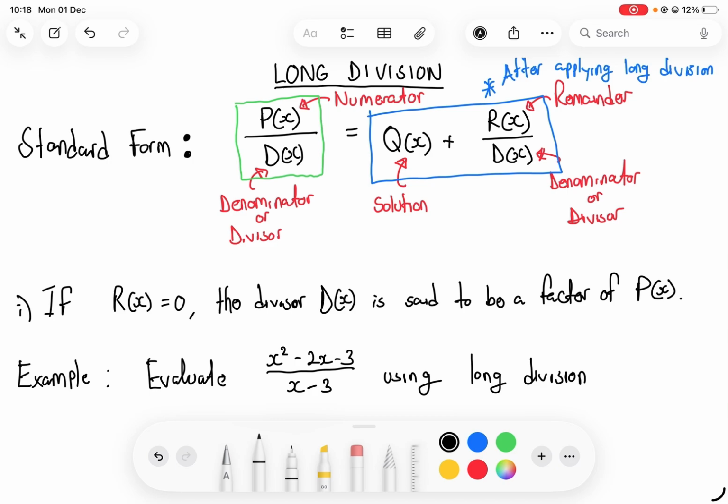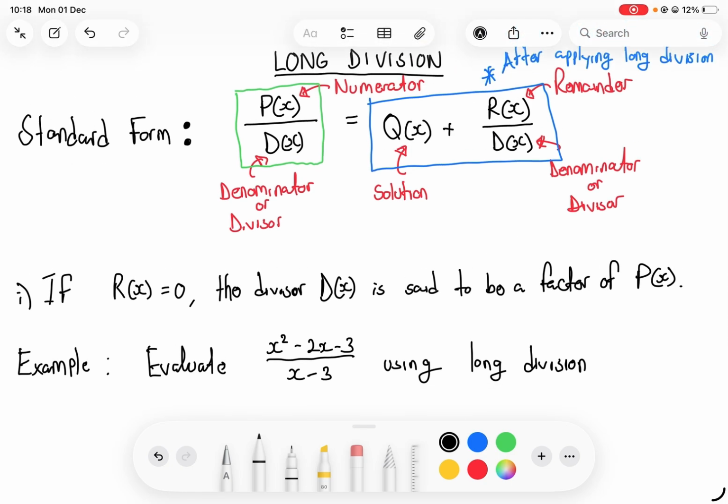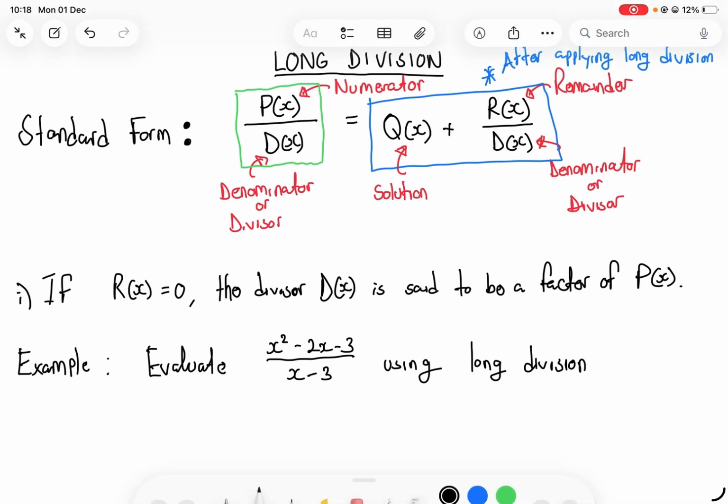Another thing I forgot to mention is that another form, the long division form actually, that we're going to be using, it's in this way. So, here you have q of x, here you have p of x, here you have d of x.